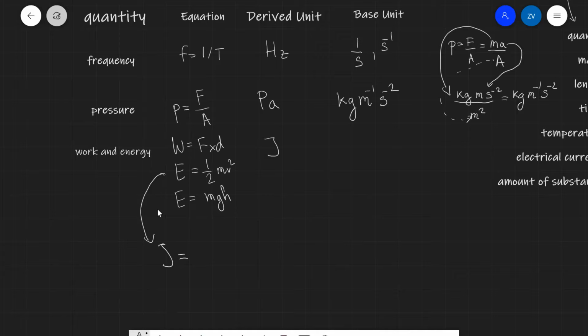The mass is measured in kilograms, and v squared is measured in meters per second, so that's ms to the power of -1, all of it squared. So the joule is actually equal to 1 kilogram meter squared s to the power of -2, so that's going to be kg m squared s to the power of -2.